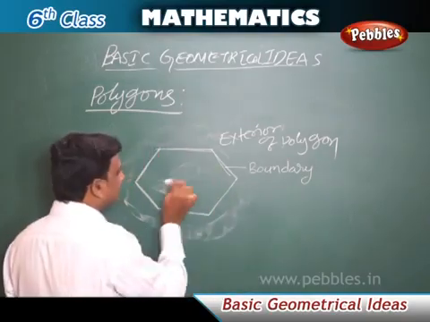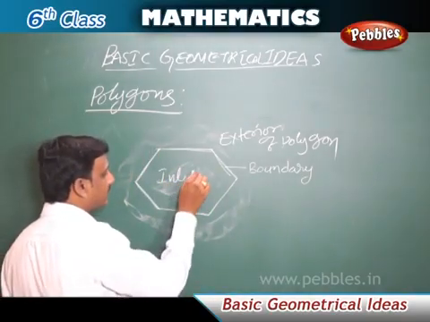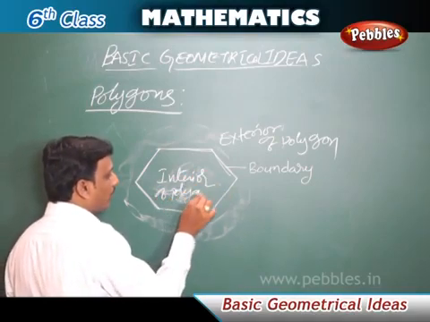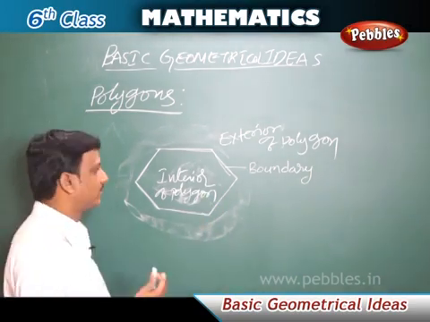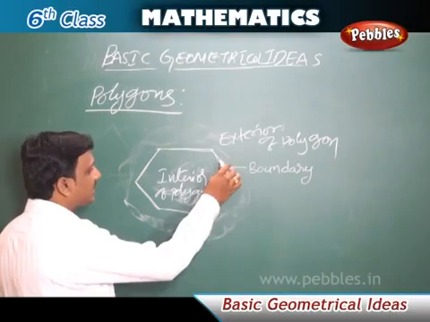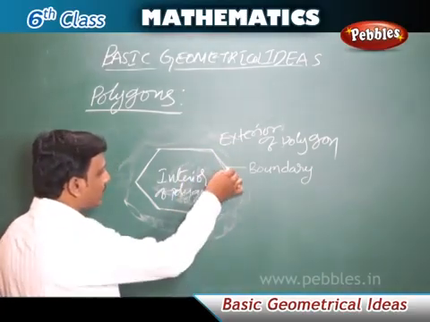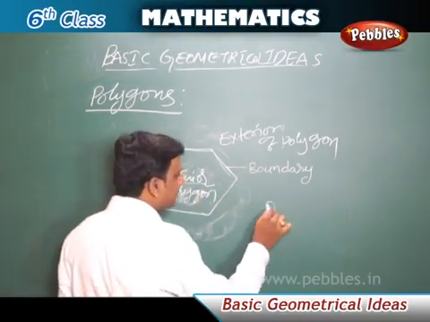And the area that is inside this polygon is called as interior of polygon. So it has got 3 different parts. This is the boundary, interior and exterior. So for a polygon, the interior and boundary together are called as region.